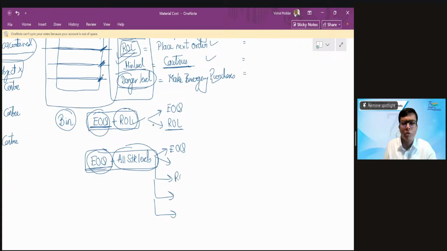The formula for ROL here and the formula for ROL here are different. That is why I have made it into two types of questions: one only EOQ with ROL and one EOQ with all stock levels. Why two types of sums? Because in both sums, this ROL has a different working. I hope this is clear to everyone.